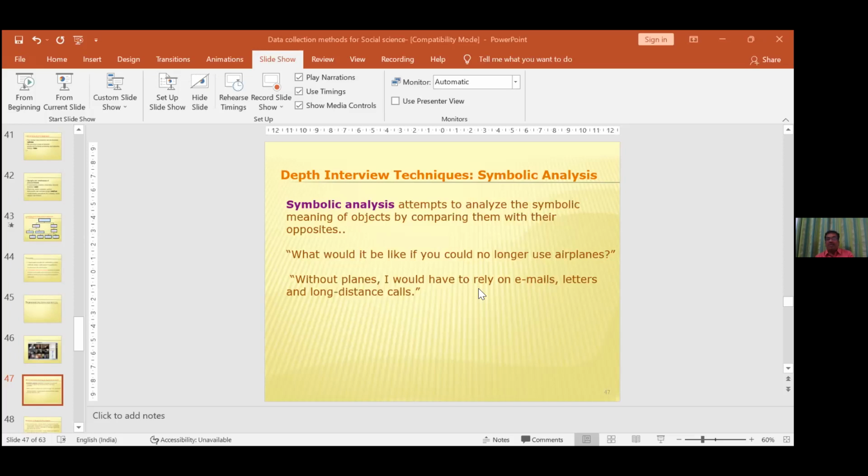When people say, for example, I will go with Google Meet or I will go with online meeting, in such circumstances, they can identify who all the competitors for airline are. Earlier, people thought the competitor for airline was only airline. Now it's not only airline. Even online platforms like Google, Zoom, or several online devices through which we can interact with people are the competitors.